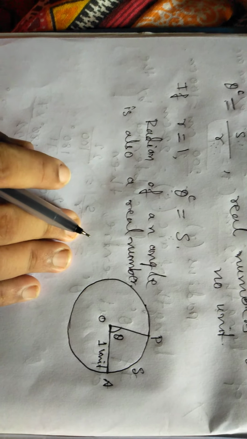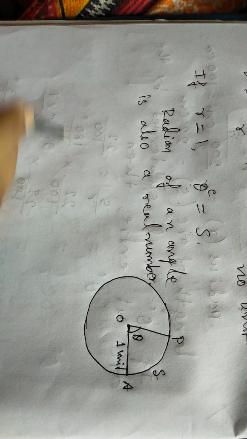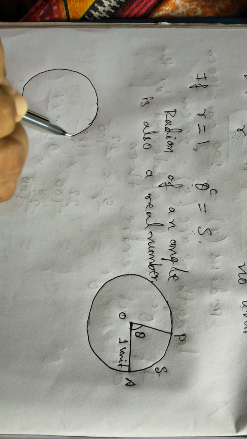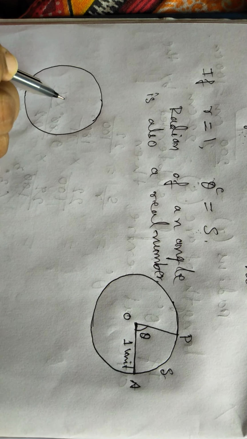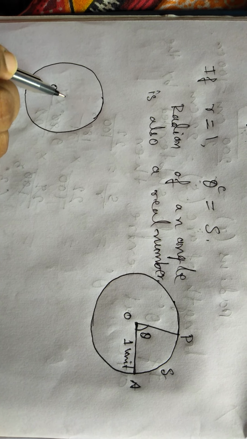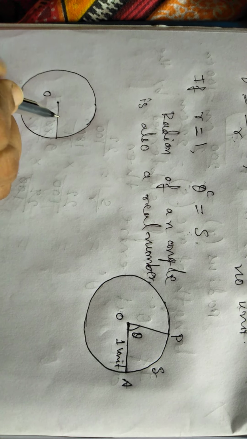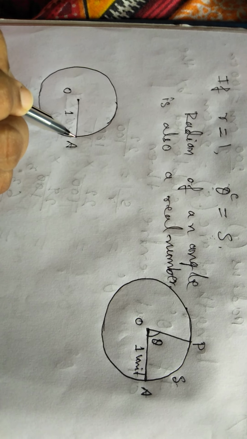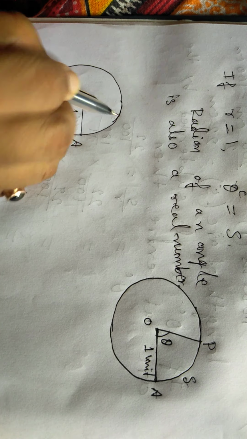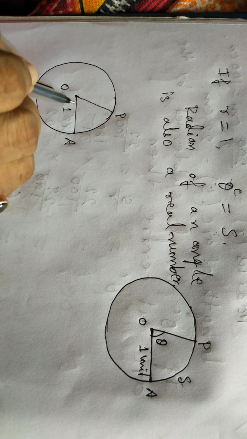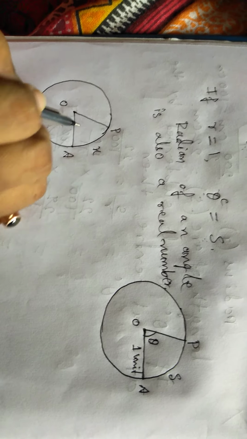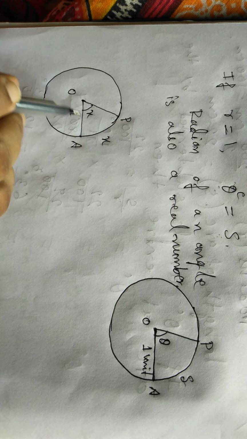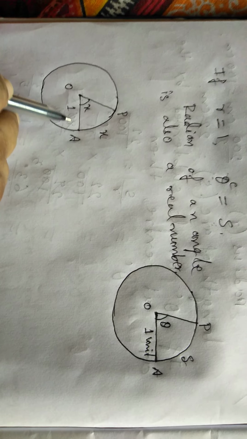Now if we consider a circle with center O and radius 1 unit, with initial position of the line OA and terminal position P, then the length of arc x will be equal to the angle subtended by this arc, since the radius is 1.